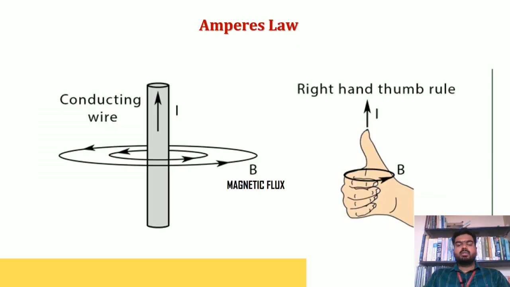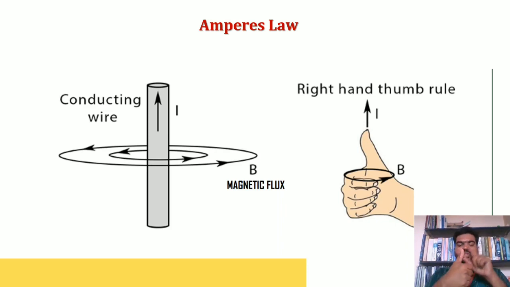And next to that is Ampere's law. This Ampere's law is most important, because there is a concept behind it you have to understand. If you keep your right hand thumb like this, there is a thumb, and from the thumb you have a straight line.